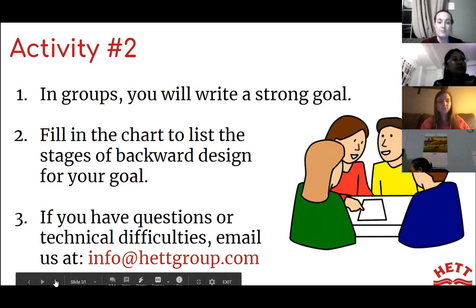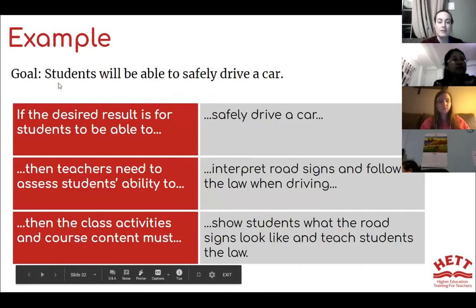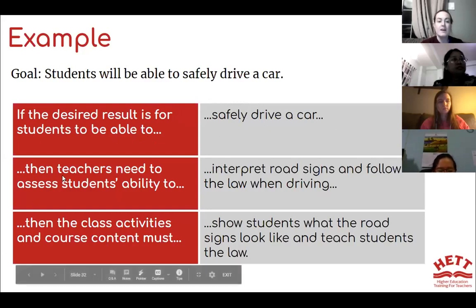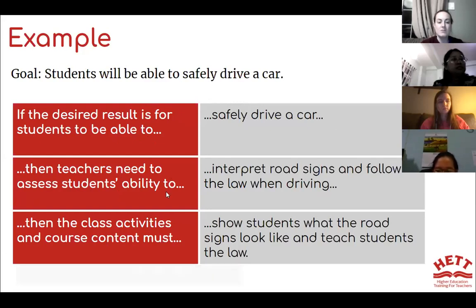So let's look at an example. Goal: students will be able to safely drive a car. If the desired result is for students to be able to safely drive a car, then teachers need to assess students' ability to interpret road signs and follow the laws when driving.